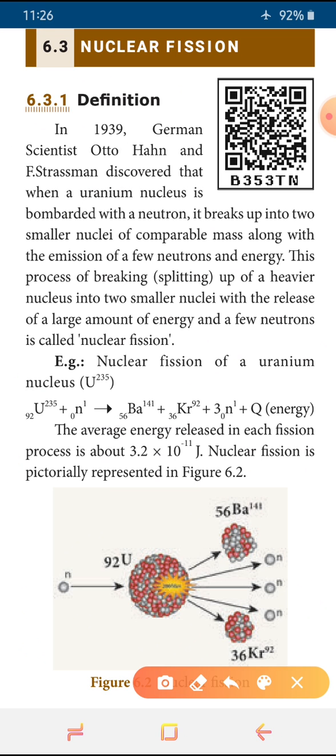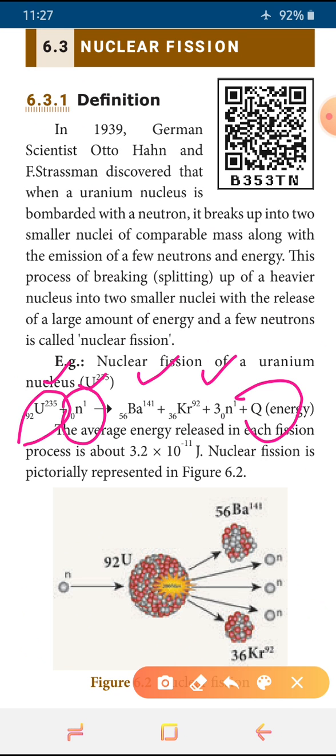Here an example is given. Uranium is bombarded: we keep uranium at a fixed position as the target and send fast moving neutrons to collide with it. After colliding with the uranium, the parent is converted into daughter nuclei: barium 56-141, then krypton 36-92, plus 3 neutrons 0-1, along with some energy.